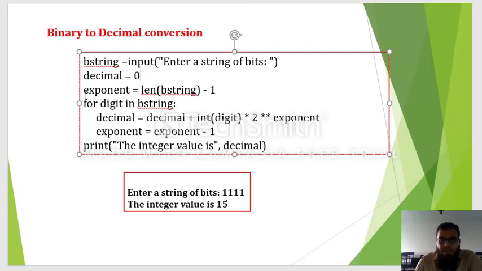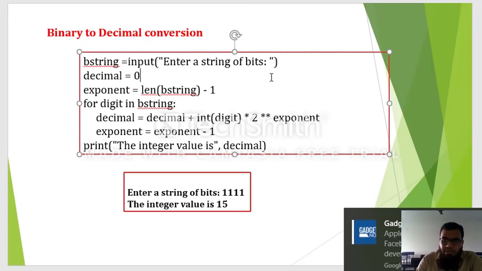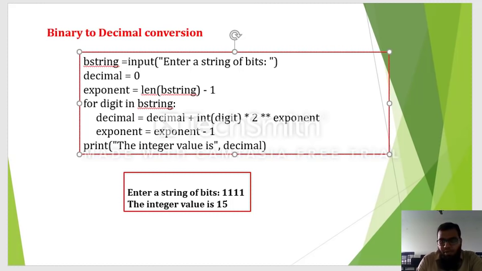Next, exponent. Basically for any number system, you need to find out what is the base and what is the exponent. Exponent means what? In 2 power 0, 2 is the base and 0 is the exponent.